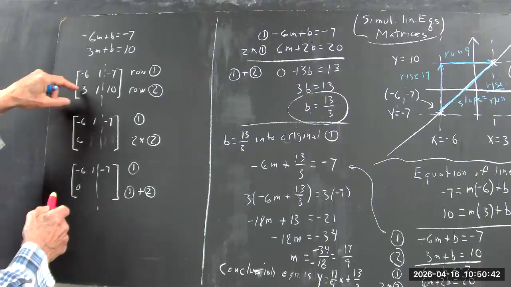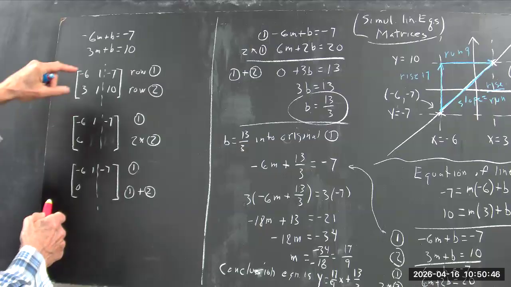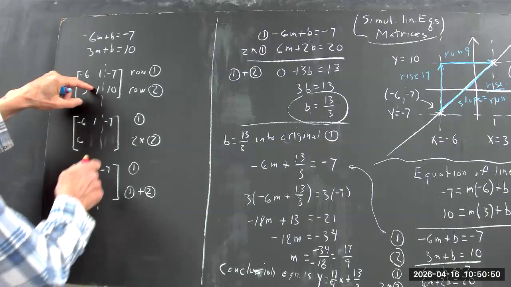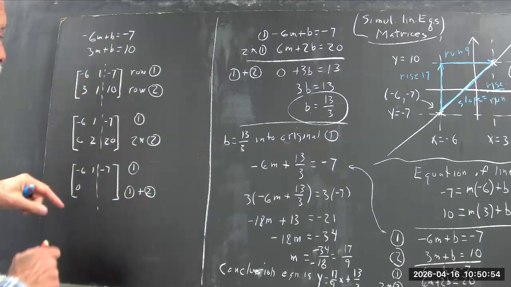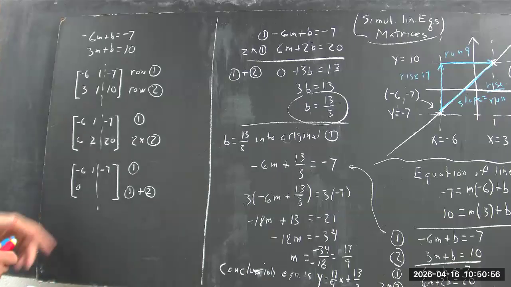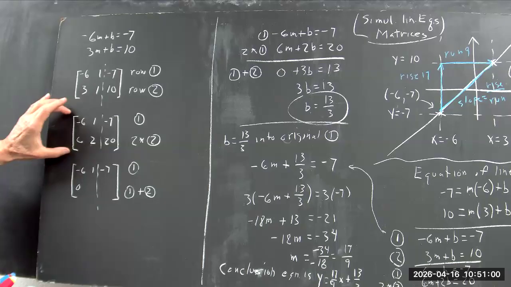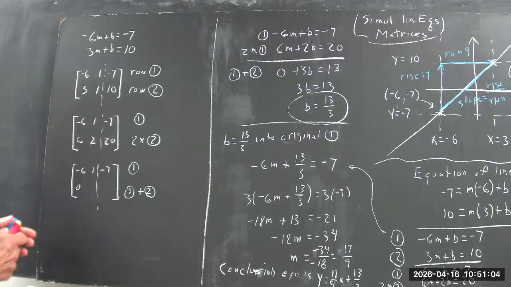My original row 2 was 3, 1, 10. Multiplying every number by 2, 3 times 2 is 6, 1 times 2 is 2, 10 times 2 is 20. So the second row should be 6, 2, 20, not 6, 1, 10.